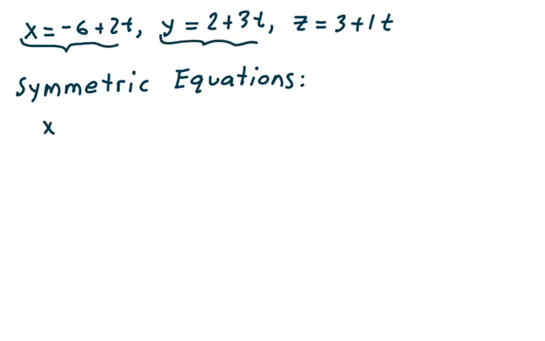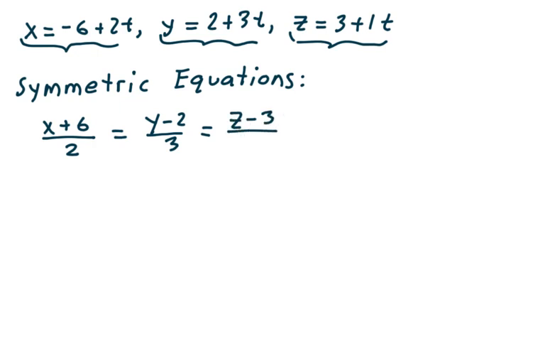So I get x plus 6 over 2 equals y minus 2 over 3, which is equal to z minus 3 divided by 1. And I do that on purpose because you can peel off the direction numbers 2, 3, and 1, form that vector, and get a vector parallel to the line. So that's how we do problem number 11.